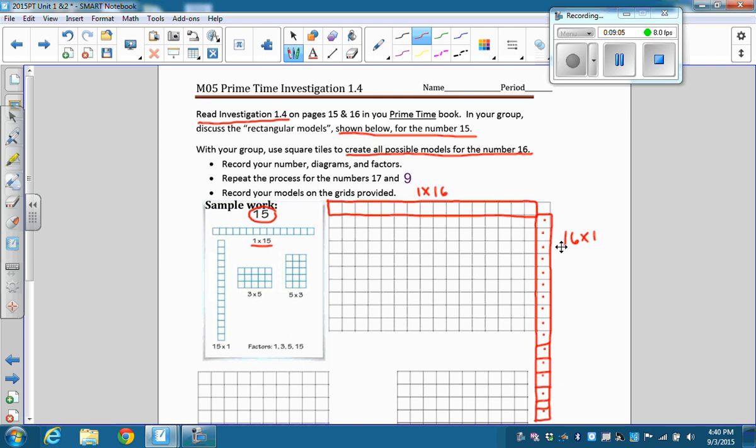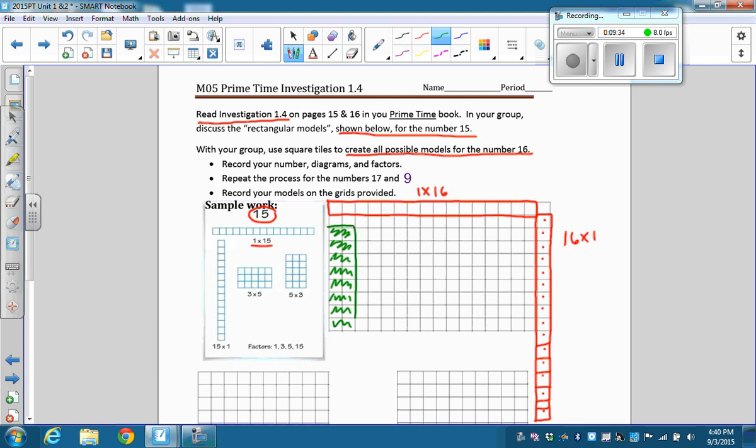So, can I do one that's too wide? What do you think? You guys want to shade in, like this is 2, 4. Go ahead and do that for me. You have 16 to shade in. 6, 10, 12, 14. Okay, so that's a model, right?